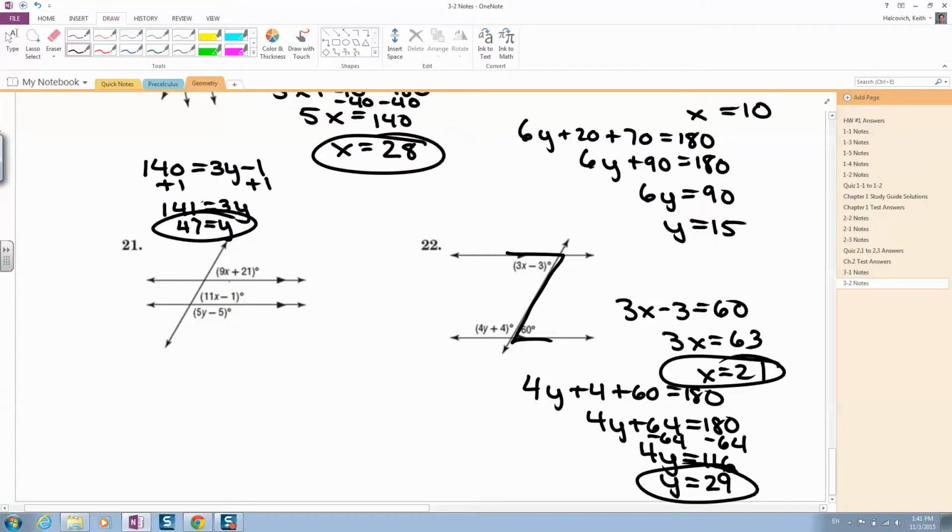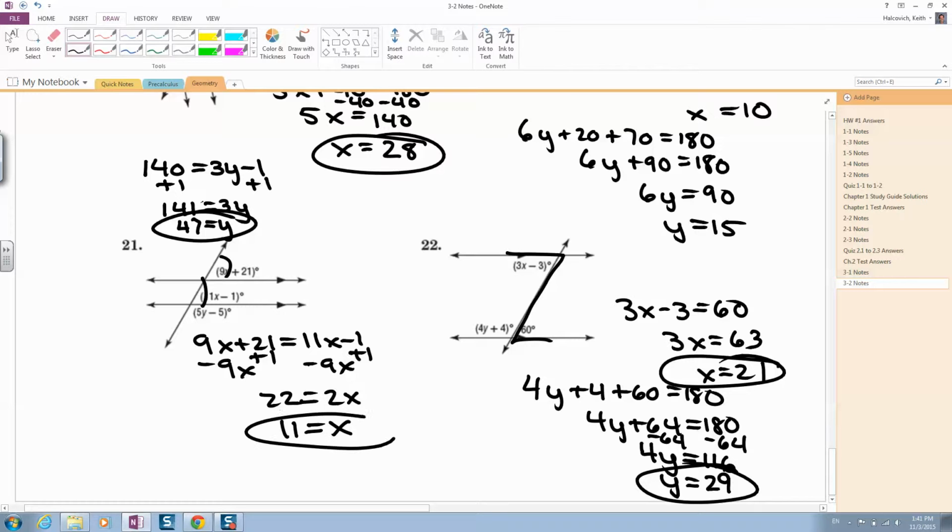And last one, 9x plus 21 equals 11x minus 1 because they're corresponding. So you get, subtract 9x. So you get 2x equals 22. x equals 11 when you divide.